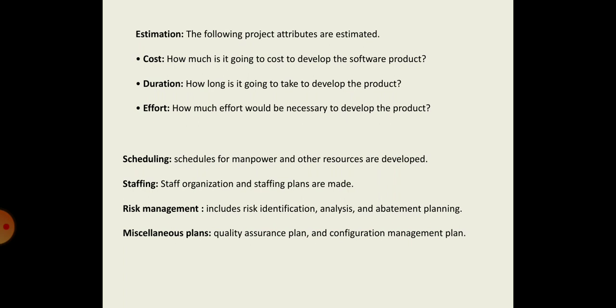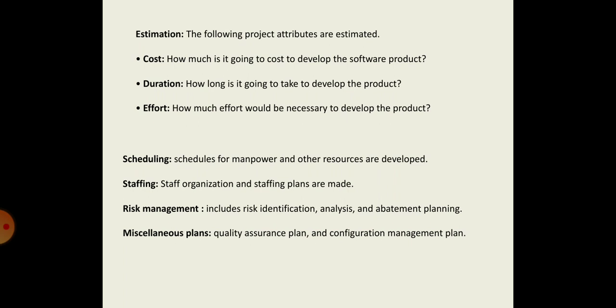All other planning activities such as scheduling, staffing, etc. are based on the accuracy of these estimations. So for a successful project, the estimation of these three basic attributes plays an important role, and the other planning techniques will be carried out based on them.